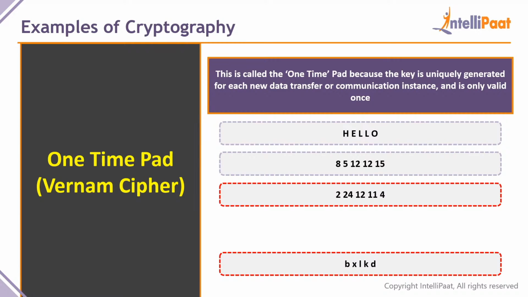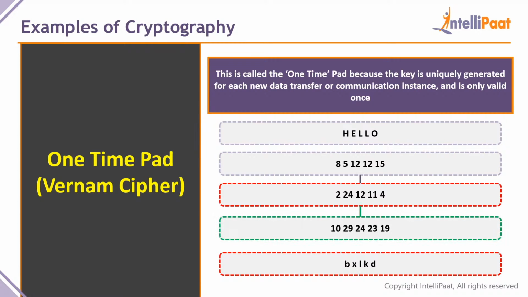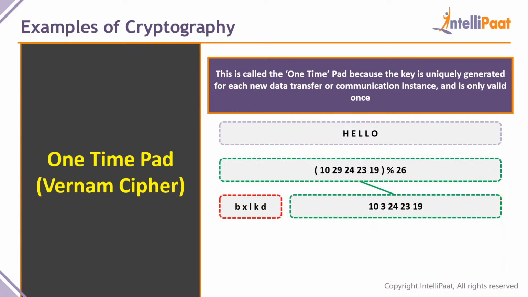So the 8 will be added to 2, 5 with 24, and so on. You get 10, 29, 24, 23, and 19. You can verify this. This is the sum of these two particular individual numbers, right? So when you have that, then what you will do is you'll actually modulo it with 26.